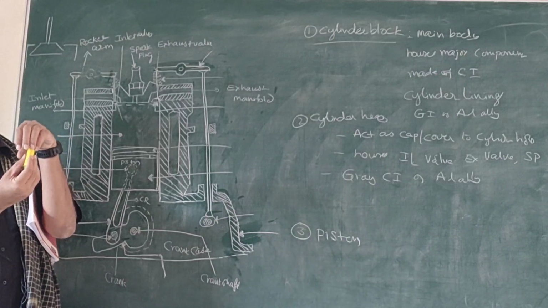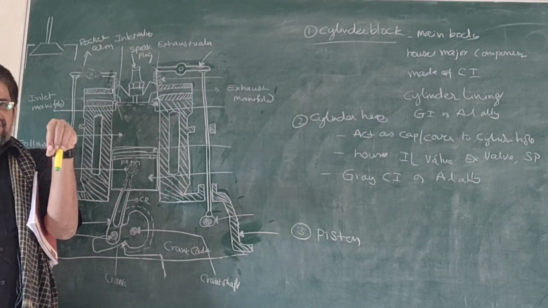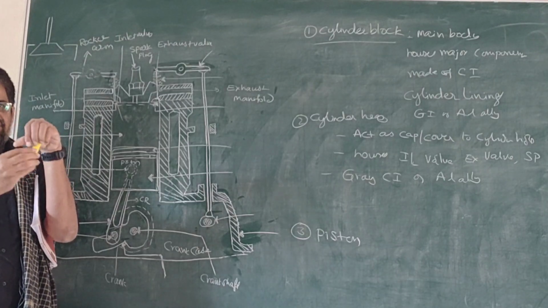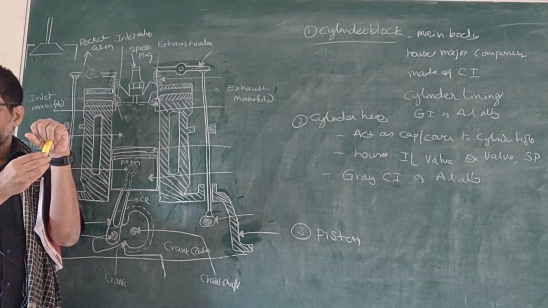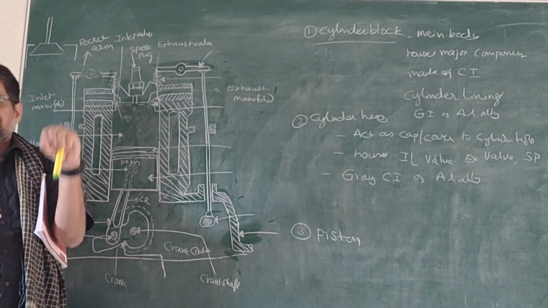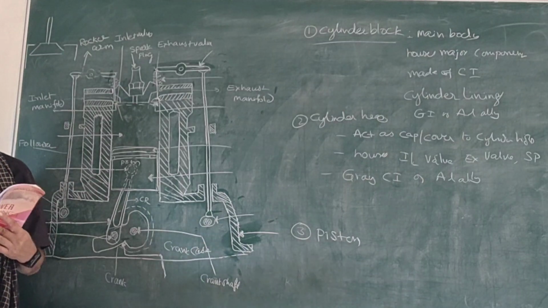So the small end is inserted like this from the bottom, so that both the holes are matched, and then a pin called piston pin is inserted, so that a joint is formed. Okay. Now as the piston moves, the connecting rod also moves. So this is the construction of the piston.